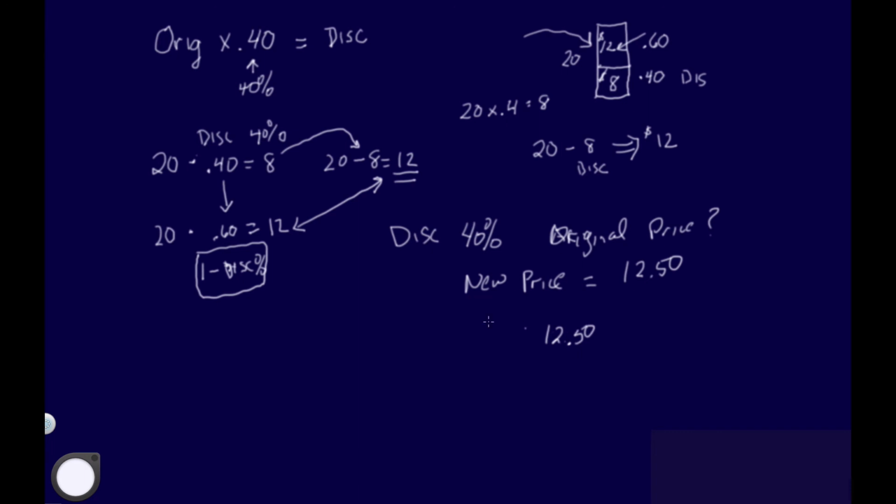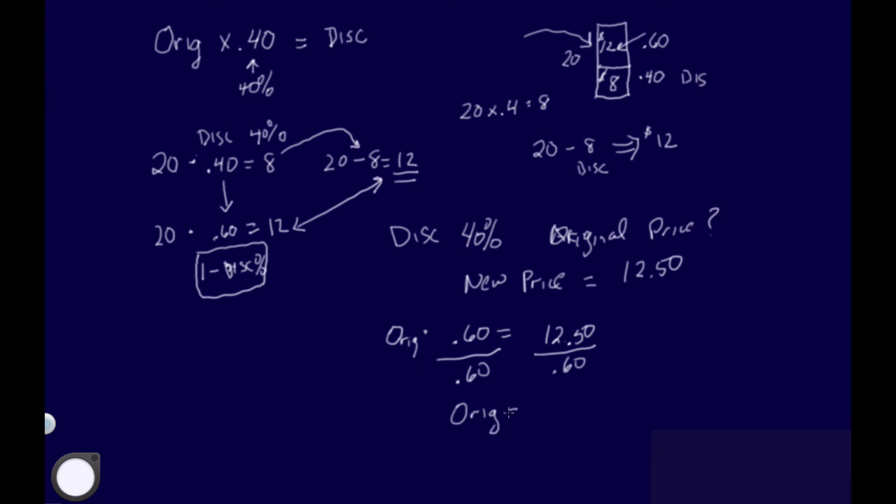So we can set this up. Using what we've done before, instead of 40% for the discount, we want the remaining piece. So we're going to do 1 minus that, which would be 0.60, and then multiply that by the original price, which is what we're looking for. Doing our algebra, we divide this by 0.60 and divide the other side by 0.60.